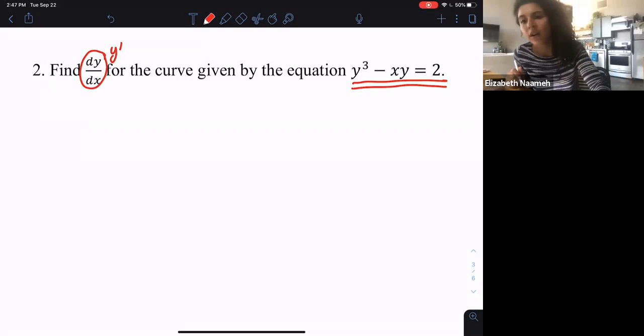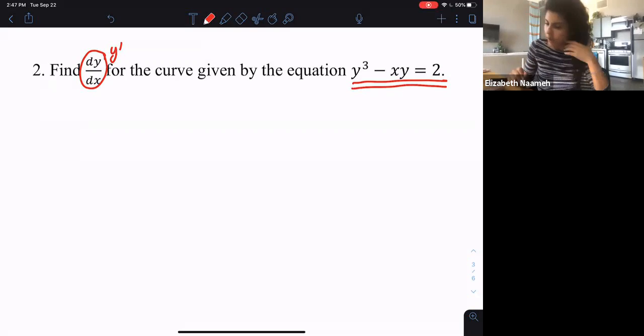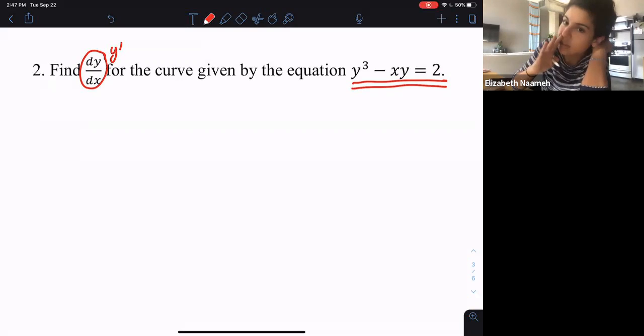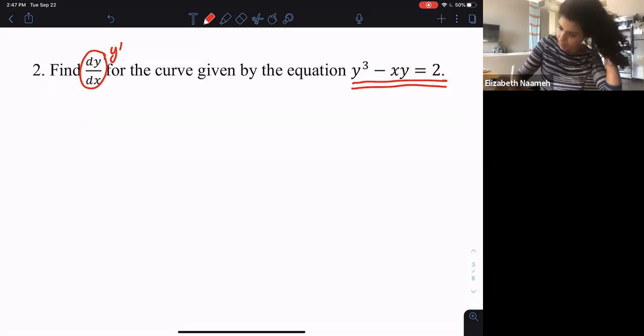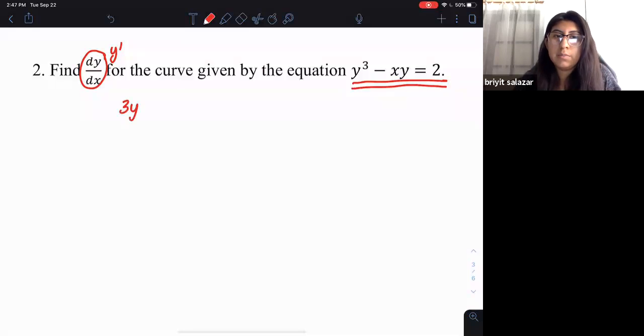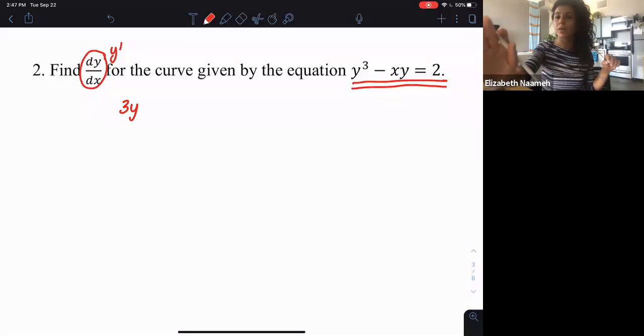Go ahead. Rafa, can you give me the derivative of y cubed, please? Careful, it's with respect to x. And guys, go ahead and do it yourself. Okay, Bridget, take the derivative of y cubed. 3y squared, power rule.